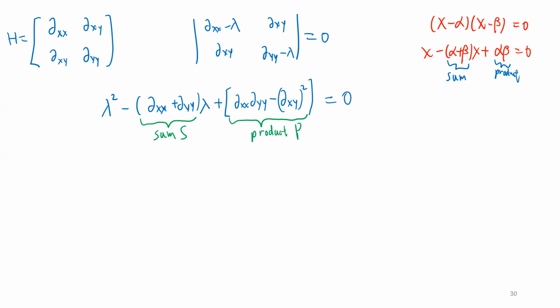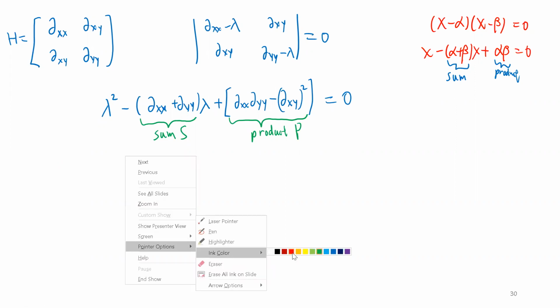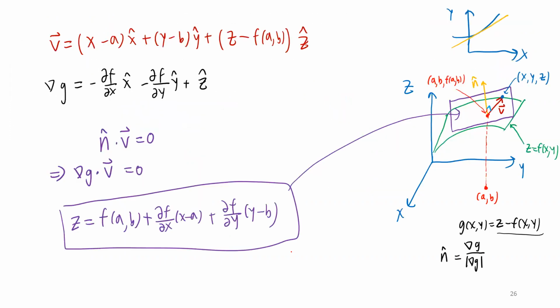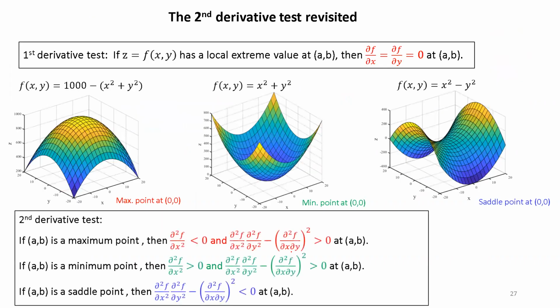So I want to know the signs of the two eigenvalues. There are three cases, and I'm going to show you exactly how the three cases correspond to the three cases over here.